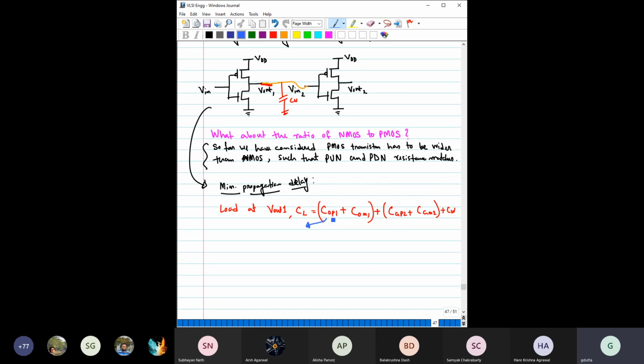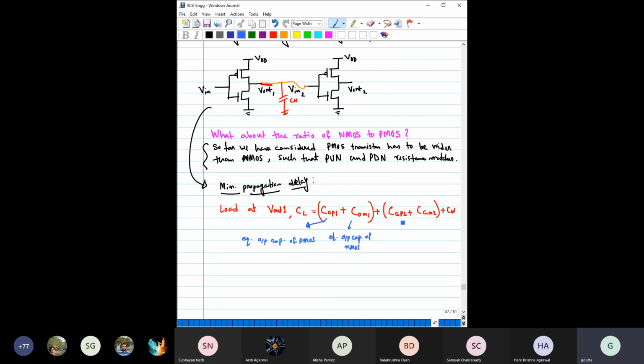So what is COP1? This is the equivalent output cap of the PMOS. What is CON1? This is the equivalent output cap of this NMOS.